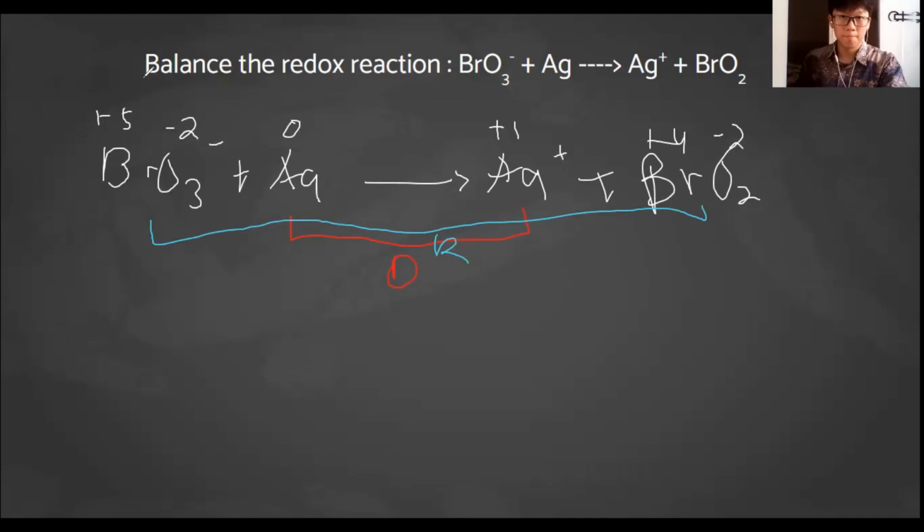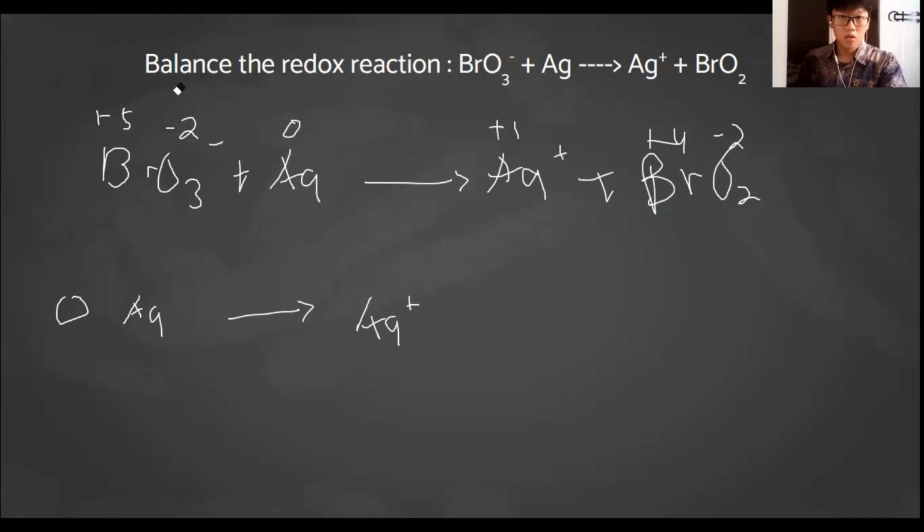Now, let's separate the half reactions. So for the oxidation reaction, Ag yields Ag plus.